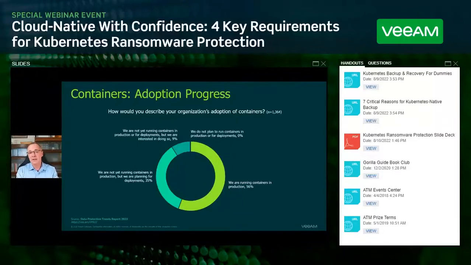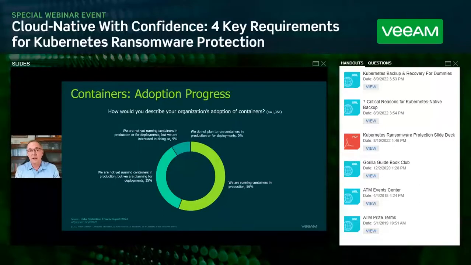And we had exactly 0% that said we don't have containers in production and we have no plans to implement them. So the upshot of this is that while the physical servers in your data center, your virtual servers in your data center, your cloud workloads are probably going to be around for the long haul, it is also very likely that if you do not have containerized workloads and Kubernetes in your environment already, you're going to have those things in place very soon.